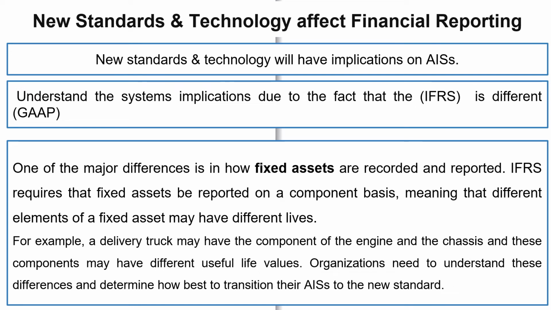One of the major differences is how fixed assets are recorded and reported. IFRS requires that fixed assets be reported on a component basis, meaning that different elements of a fixed asset may have different lives. So it's based on the life cycle of the fixed asset, and we need to break down the fixed asset reporting based on the life cycle of each component.